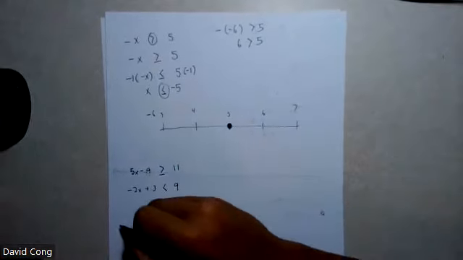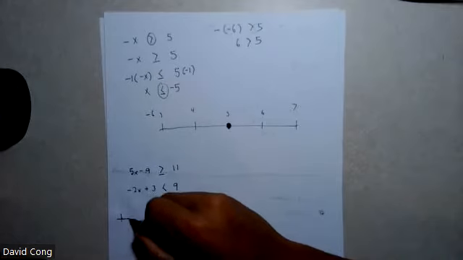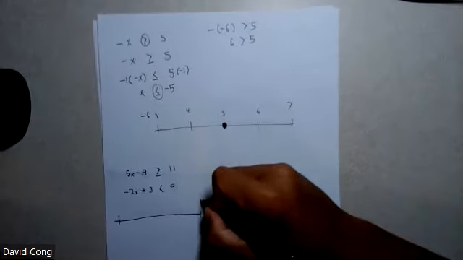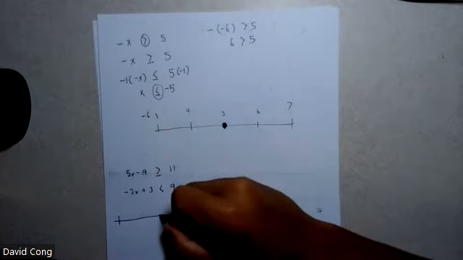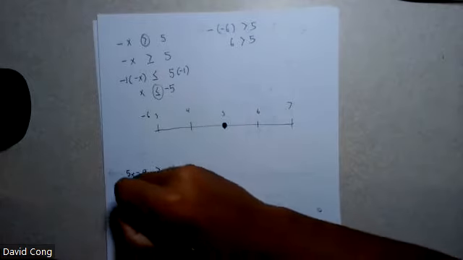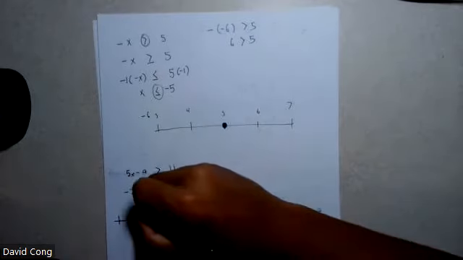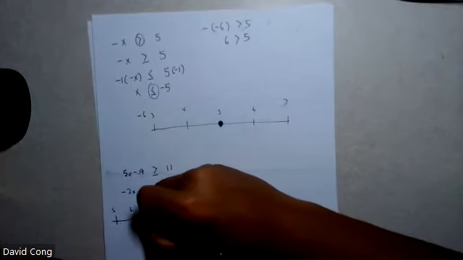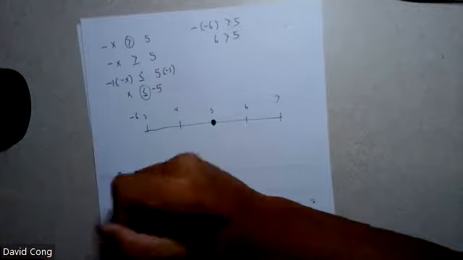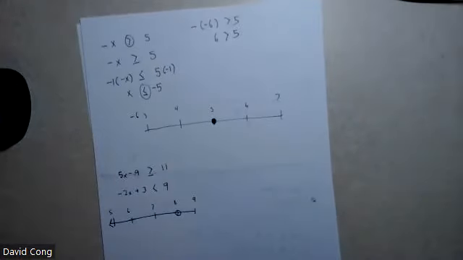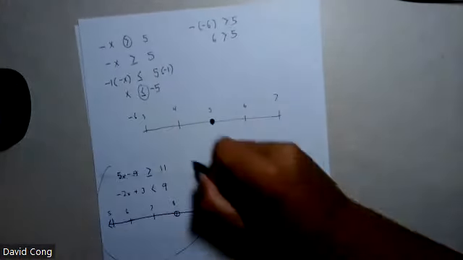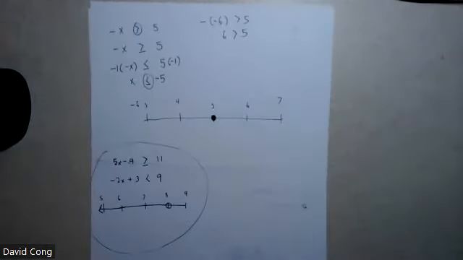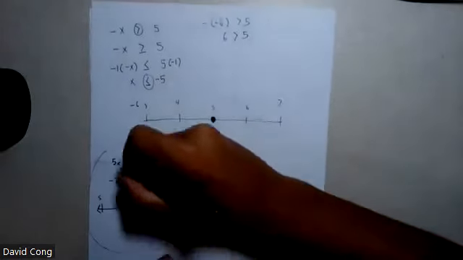And I want you to write an inequality for this line. Okay, so do these three. If you can't see this, this is a 9.